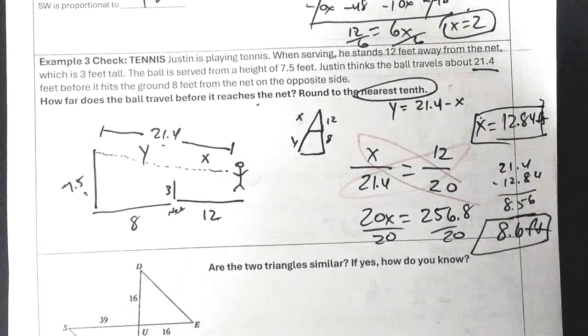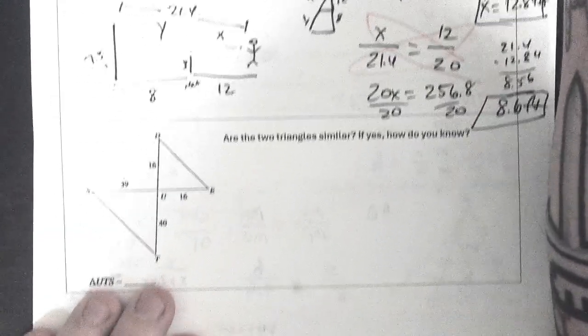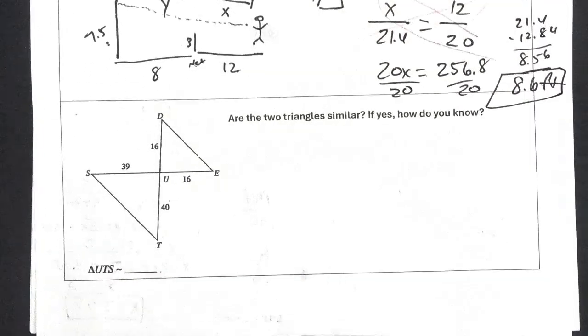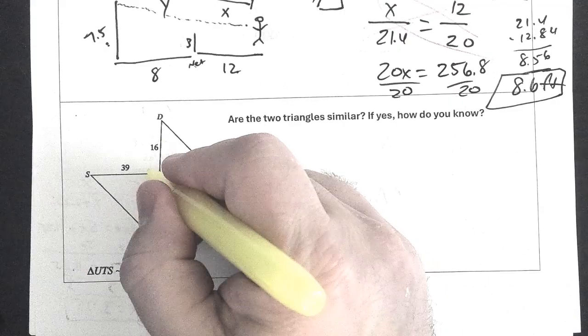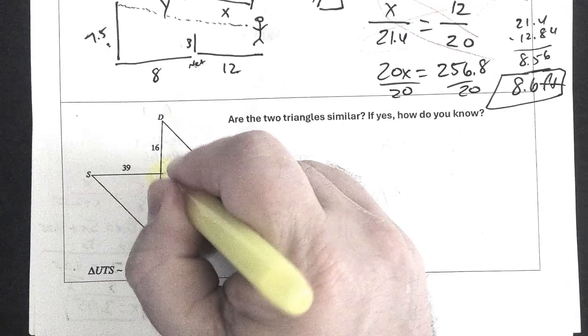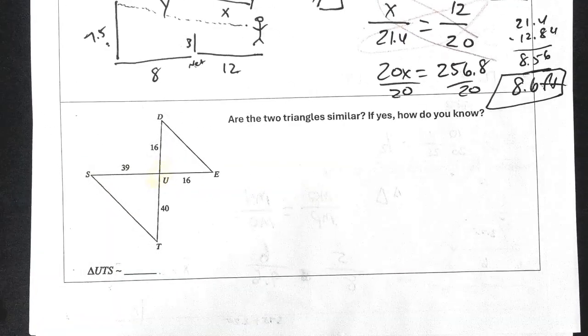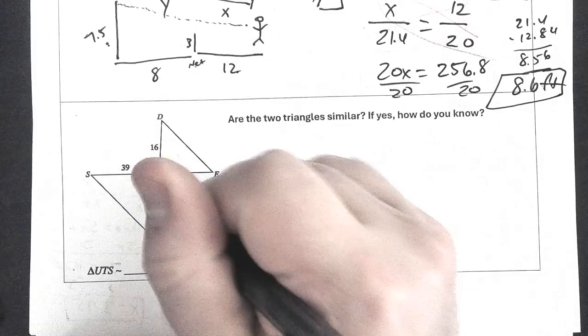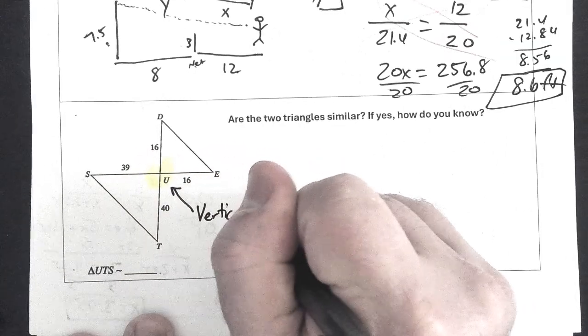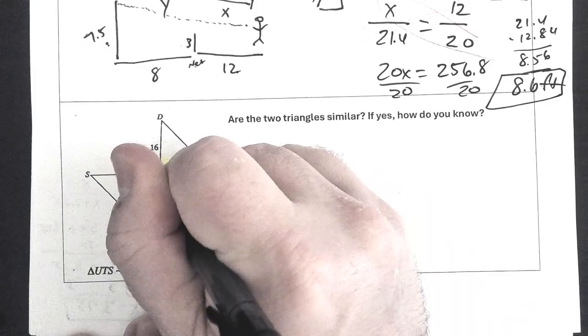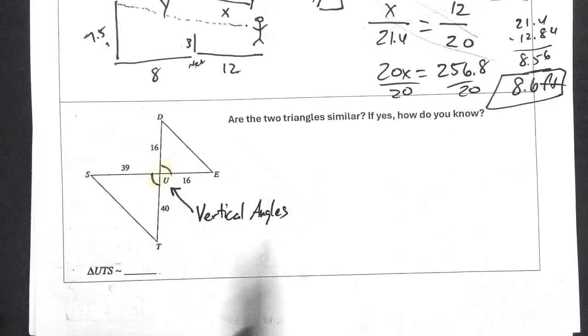Sorry for all the craziness there. Now, here at the bottom, are these two triangles similar? How do you know? So I'm going to leave this for you guys. I'm going to give you one last little piece of advice. I'm going to highlight that X in the middle. Draw an arrow that says vertical angles, because that tells you that you do have an angle.